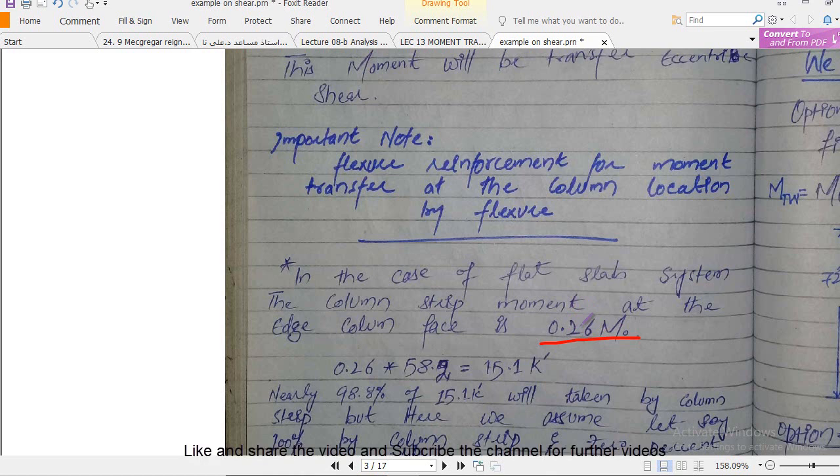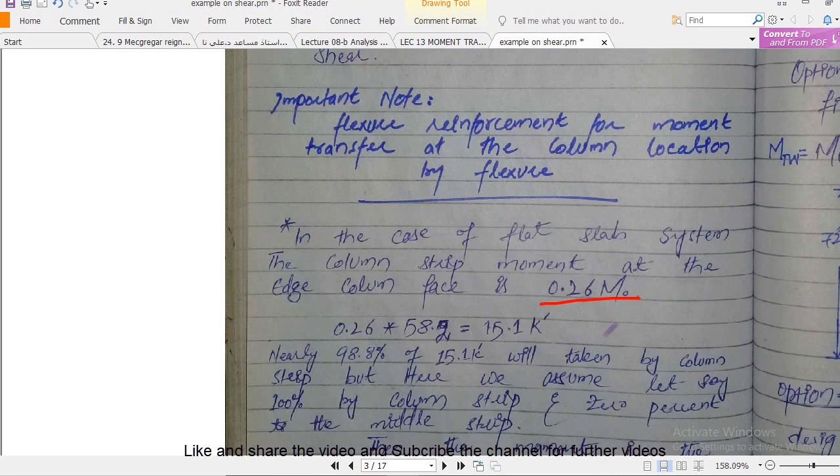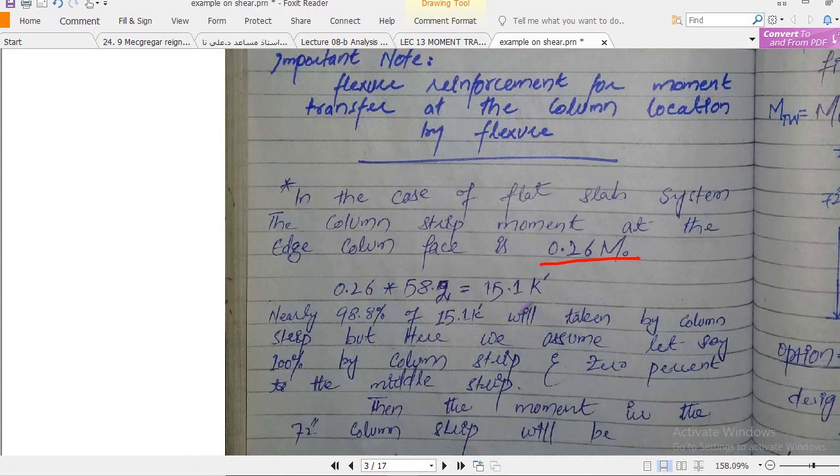But we don't consider the transfer of moment in those examples. But here you have to understand this procedure, and you have to add this part to those lectures. So here you see that in lecture number 13 we already used this coefficient.